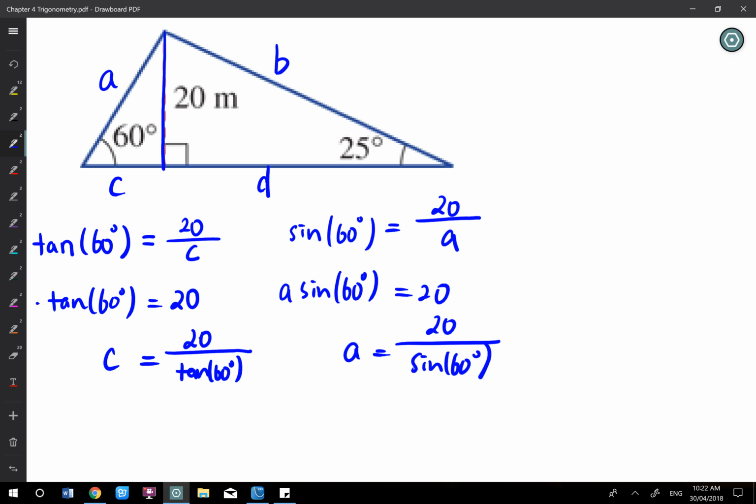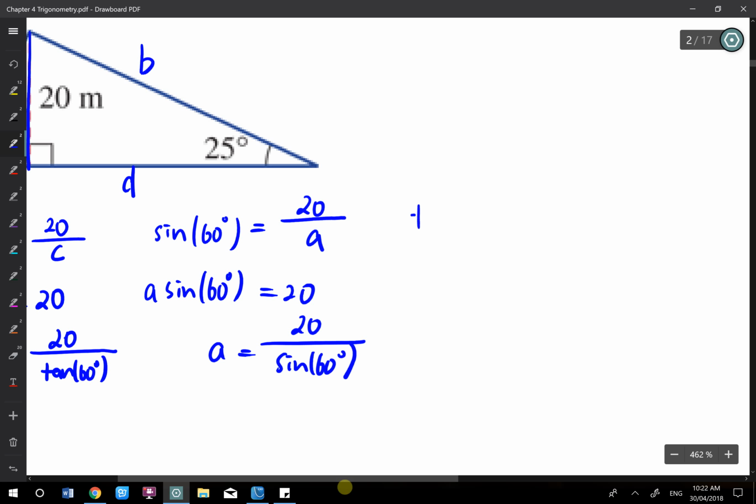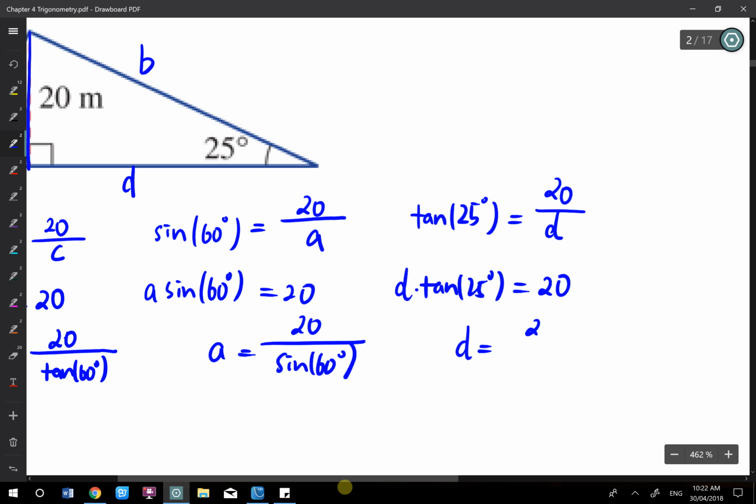And I also need B and D. So if you look at B and D, I have tangent 25 equals 20 over D. D times tangent 25 degrees equals 20, and D equals 20 over tangent 25 degrees.